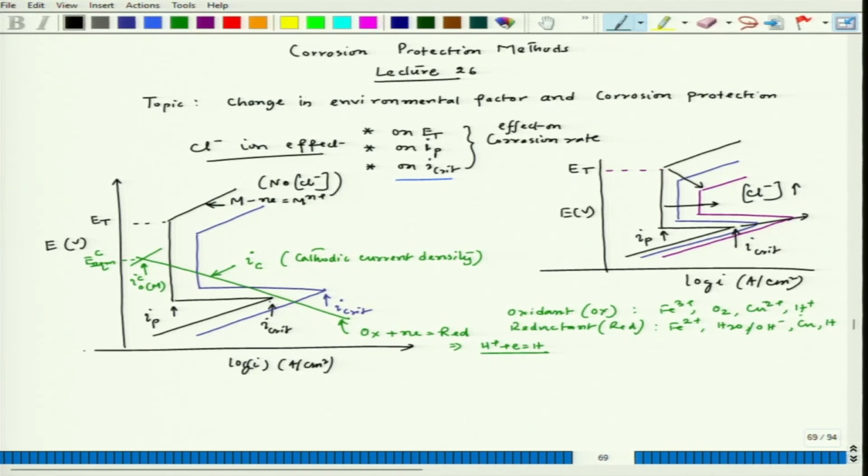So, this particular point, if you see, it has crossed it. Once it crossed it, I could see that this is the point where IC is equal to IA, and IA is nothing but the anodic rate, and IC is nothing but the cathodic rate.